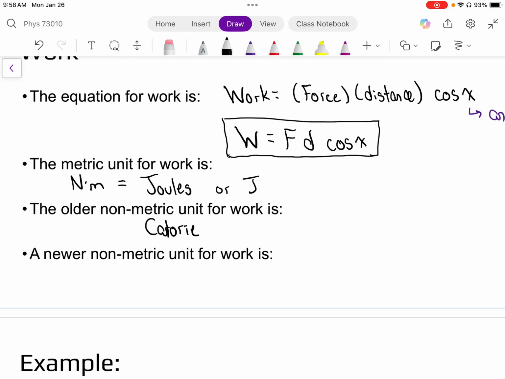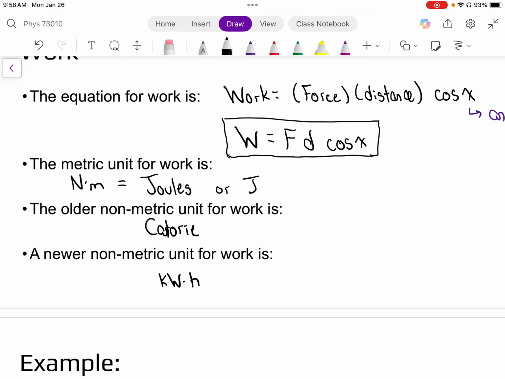Also named, I'm not sure if it's named after a person, but that's the old one. And another one that you'll see in the everyday world, we're not going to use it too much in physics, but another non-metric unit for work or energy is the kilowatt hour. If you're shopping for appliances, often appliances are rated on how much energy they use, but instead of putting that energy in joules or calories, they put that energy in kilowatt hours.